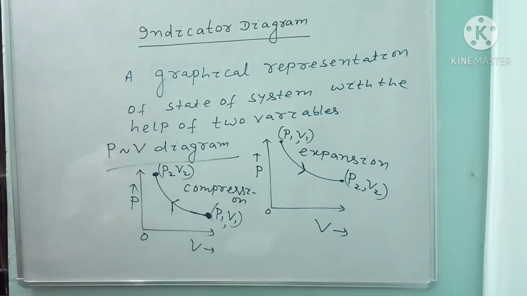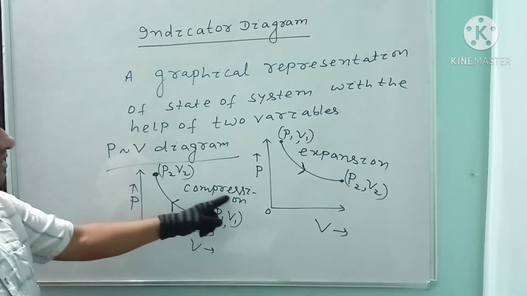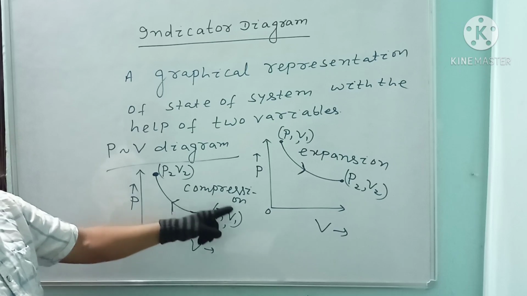Students, you know PV diagram, graph between pressure and volume of a gas or system, in which the state of the gas is changed. How? Here the initial pressure is P1, initial volume is V1.